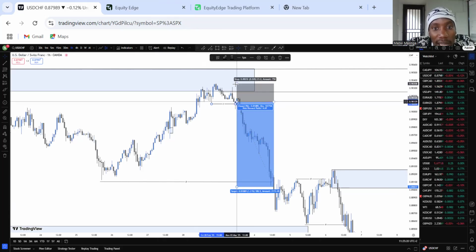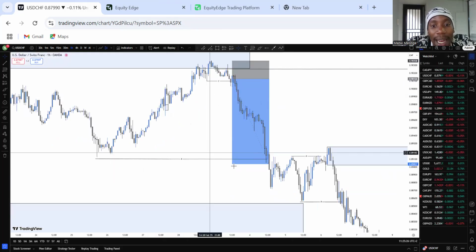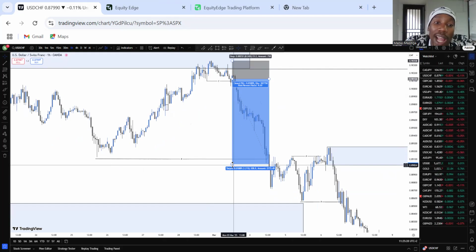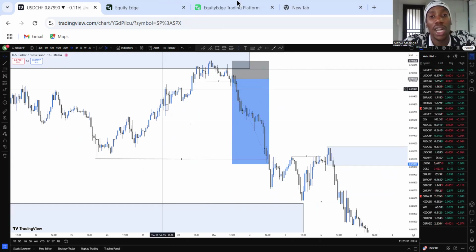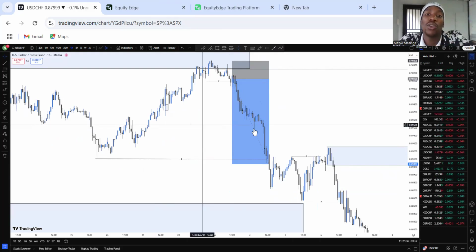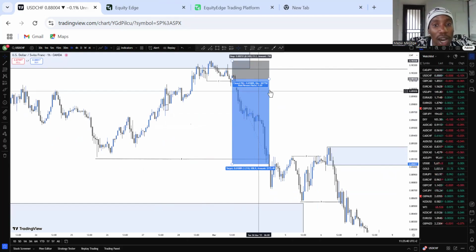I entered here and then I placed my stop loss here. And then, man, I was targeting this low, but I ended up not. I targeted this low, but on my Equity Edge platform, my take profit was here. So I ended up taking home 1:4R.